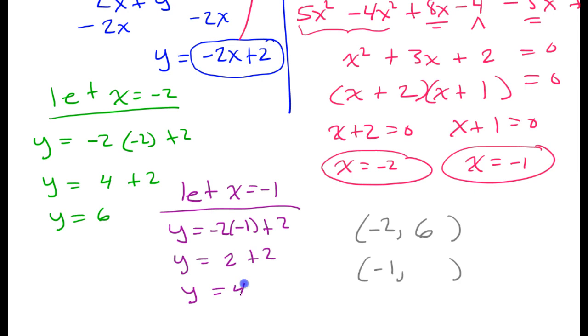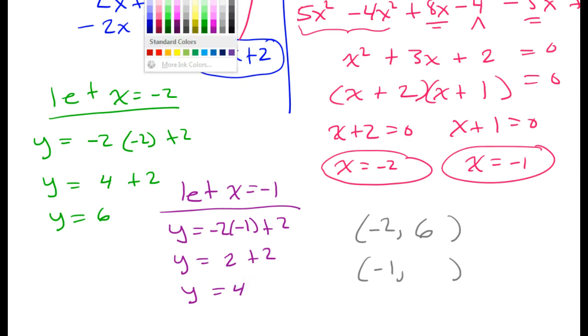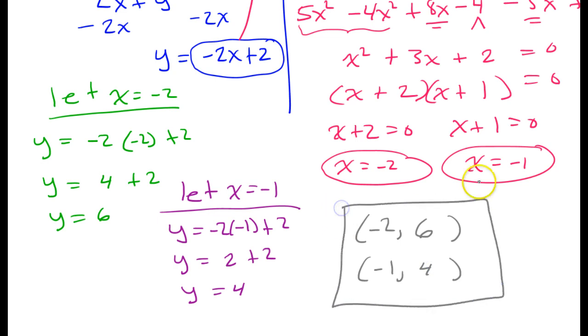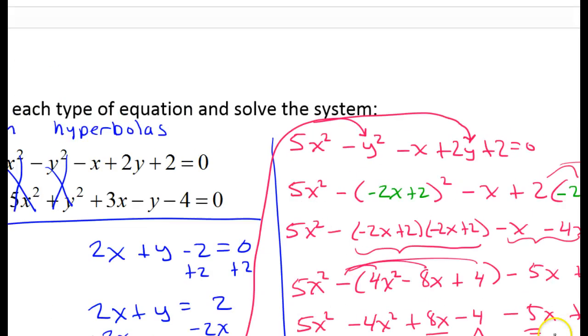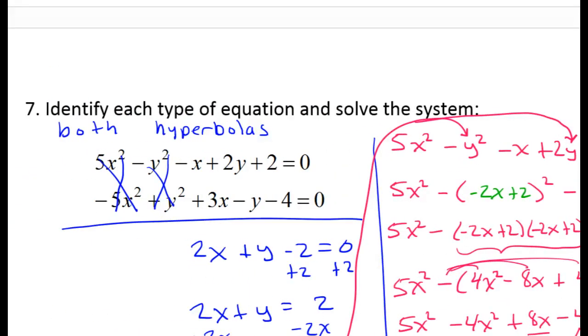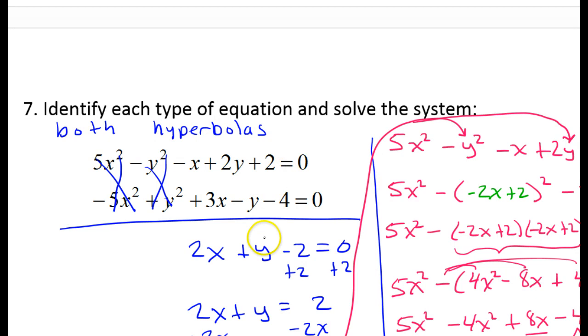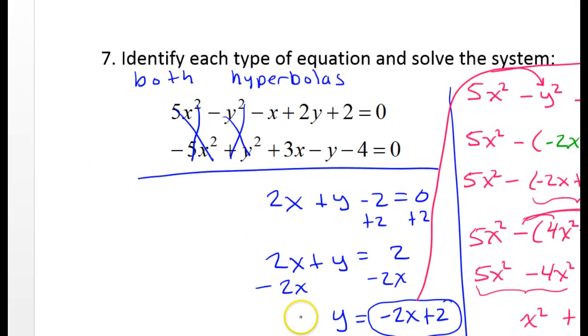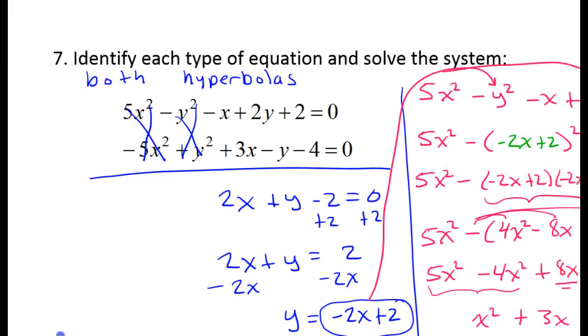Y is equal to 4. So that gives us negative 1 comma 4. So these are the two intersection points. So let's look back and see the intersection of these two hyperbolas. Let's check Desmos and see how we got these two intersection points.